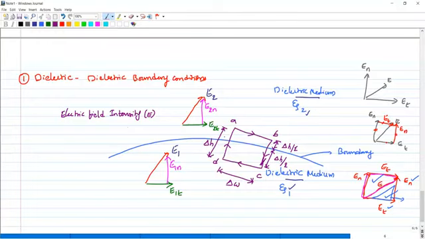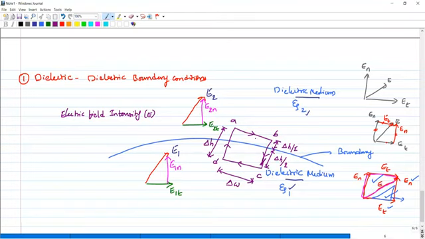That is the reason why I have taken half of the closed loop in one dielectric material and the remaining half in the second dielectric medium, since we have to analyze both dielectric mediums at a time.